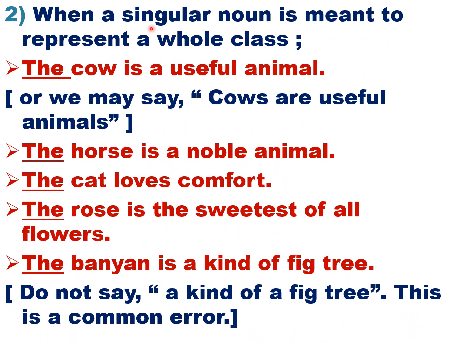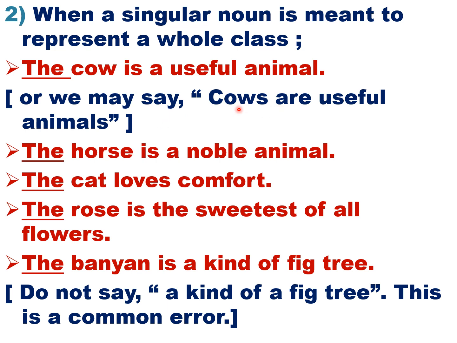When a singular noun is meant to represent a whole class, the cow is a useful animal. Cow represents a singular noun here, but the cow represents a whole class, or we can say cows are useful animals.